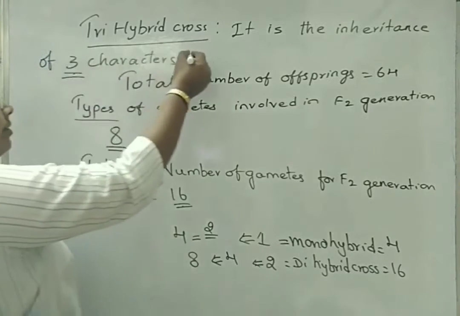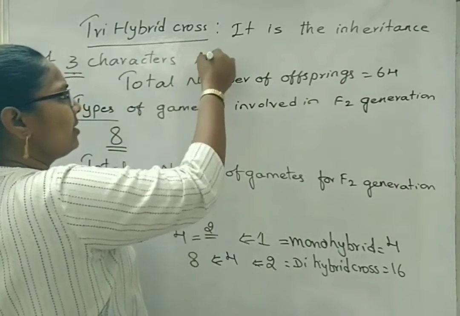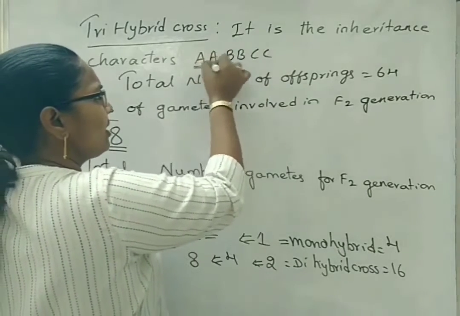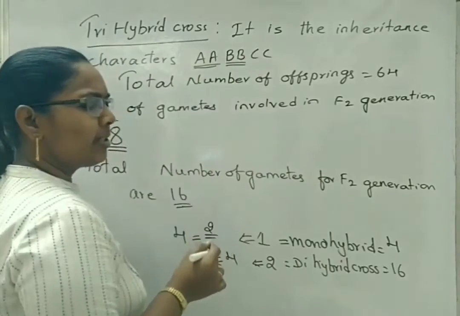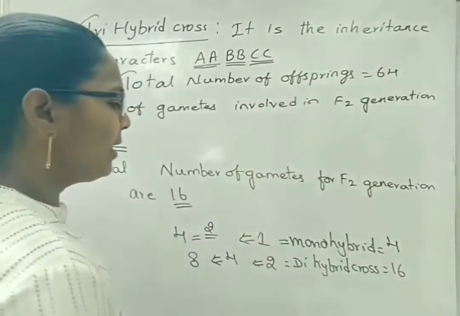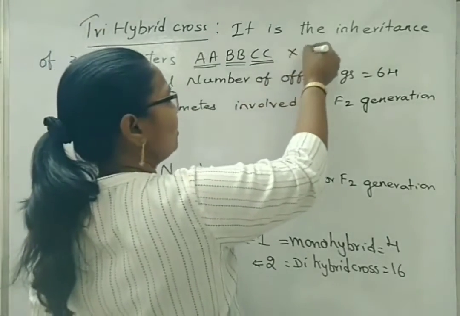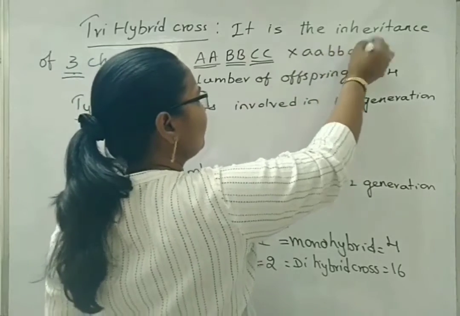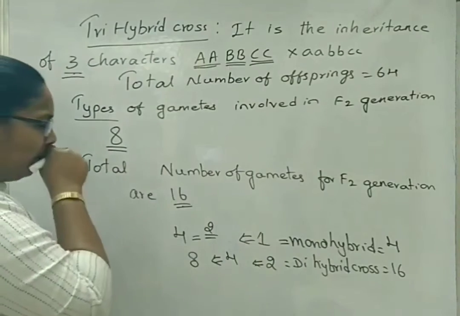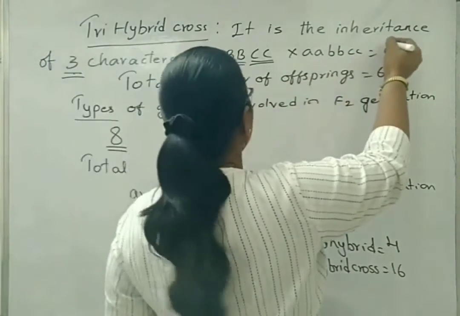If we come for this one, first 3 types of characters. Let's take 3 different types of characters as capital AA, BB and CC. We should consider that each pair of allele is responsible for one character, but all the 3 are combinedly getting inherited to the offsprings. Now, if this is crossed with the recessive one, like this, then 8 types of gametes obtained will be, from here the 8 types.